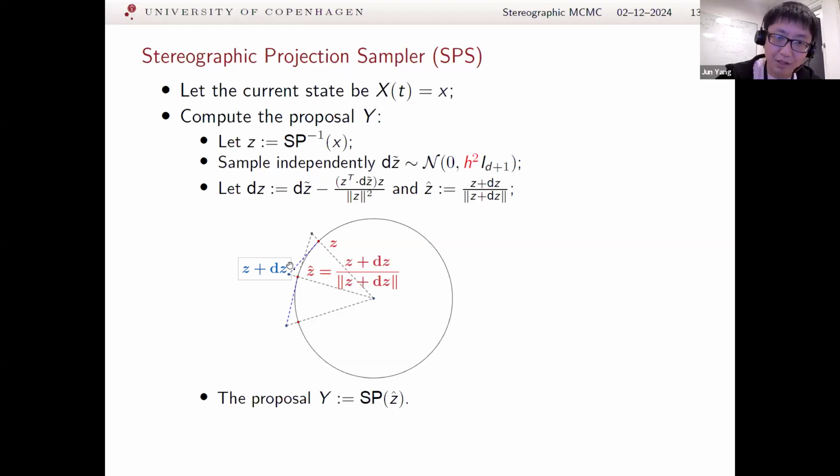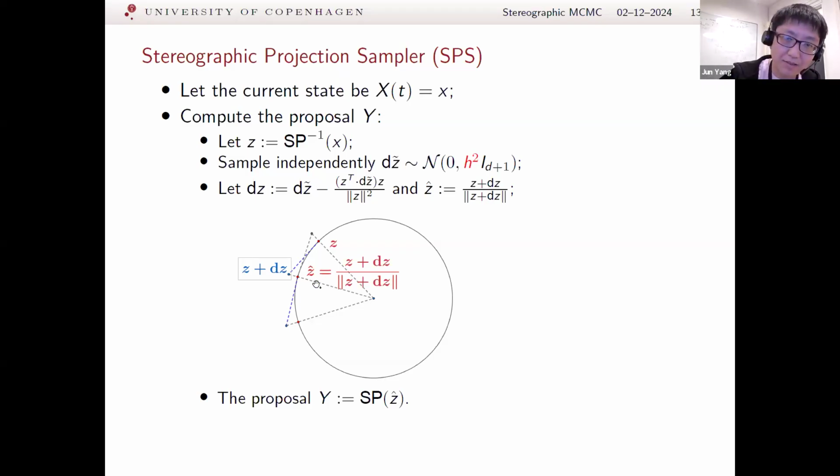After this random walk, the Markov chain moves to this blue point called Z plus dz. However, because it's moving in the tangent space, this blue point is outside of the sphere. So I will simply renormalize it back to the sphere, and it is called Z hat. You can imagine this is perhaps the most naive way of simulating a random walk proposal on the sphere.